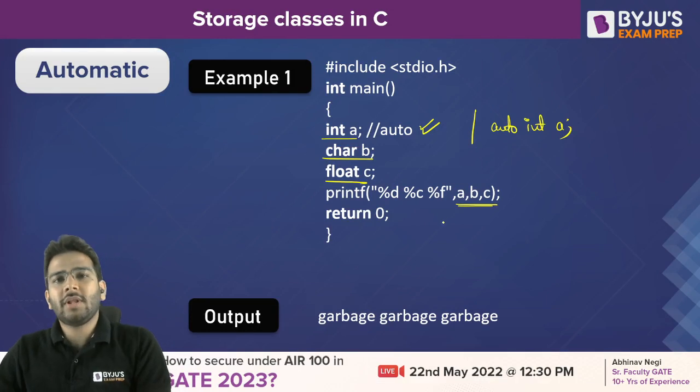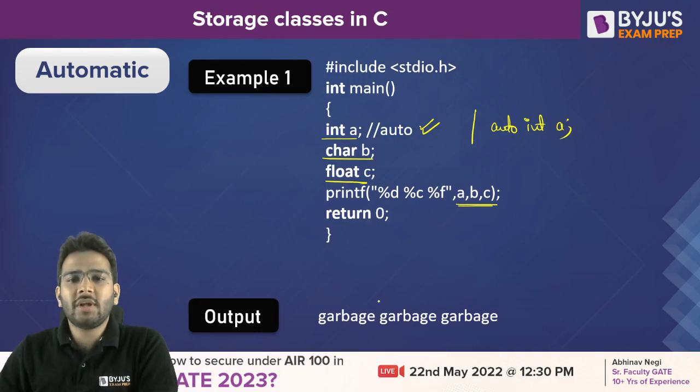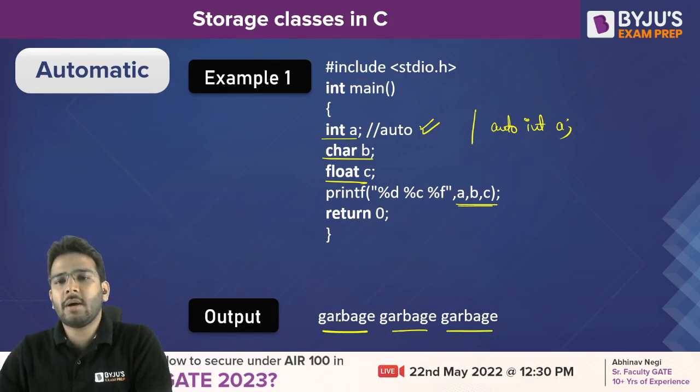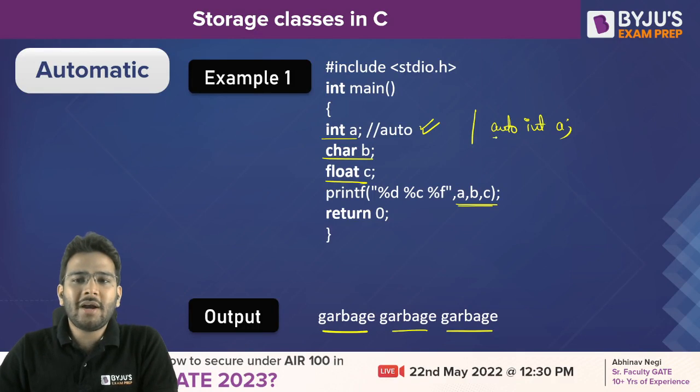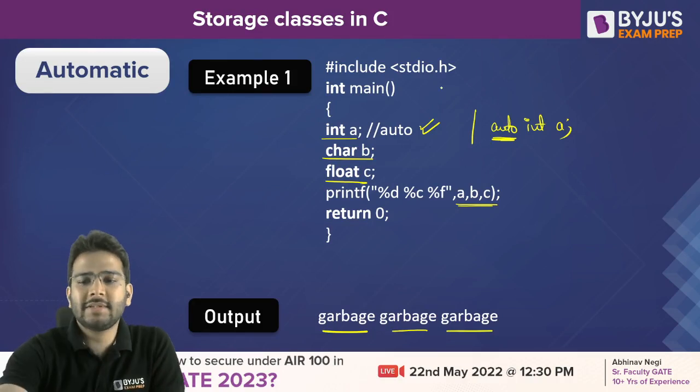As we know, auto storage class will have a garbage value if you are not initializing them. So in that case, the variable will give us some garbage value. It's not like the word garbage will be printed out, but we are going to get something random, right? So that is the garbage value. It is not mandatory that we have to use the auto keyword here, because it is by default. By default, any variable is your auto variable. Clear? This is example one.